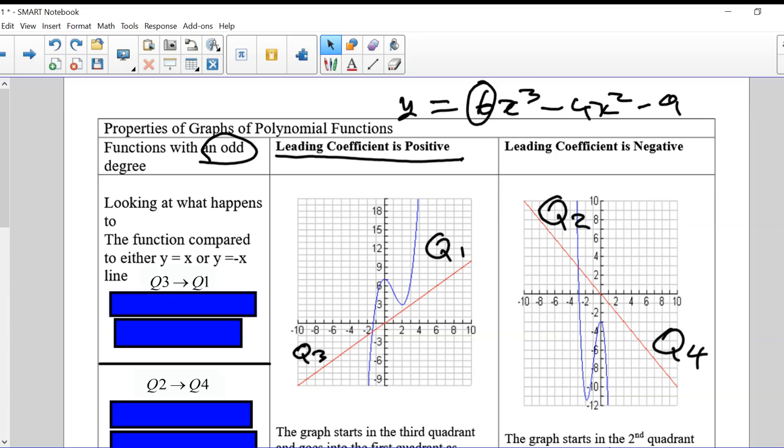Yes, Janai, go ahead. No, no, no. The blue. So the question was: is the red line what? Sorry, say the question again, please. No, no, no. They're two different functions. What they have in common is they're both odd degree functions with negative lead coefficients.